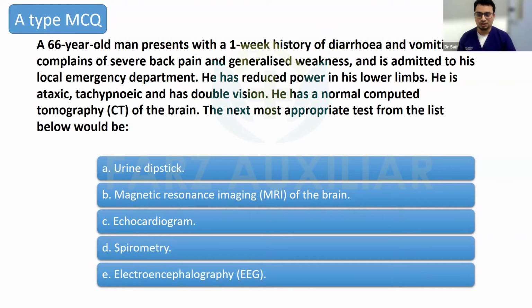Okay, so spirometry is yes, because it will tell you the requirement of mechanical ventilation or the predisposition to type 2 respiratory failure. Spirometry test is the most important test here to assess because we have to save the patient first. So this is the most appropriate test.